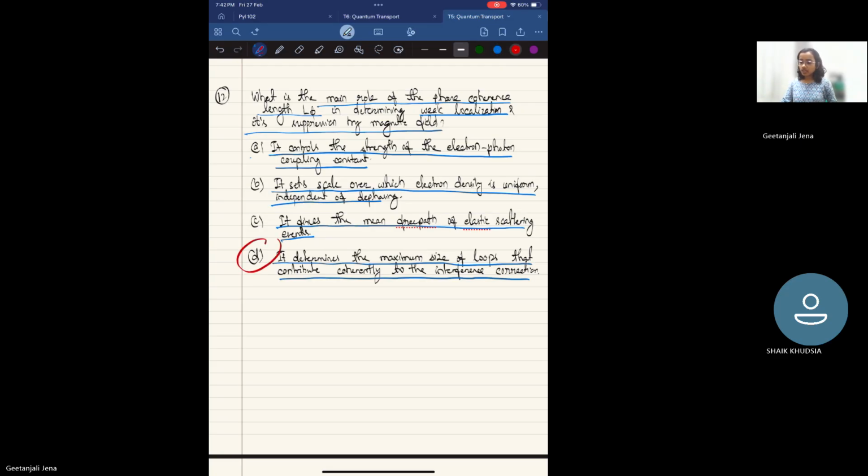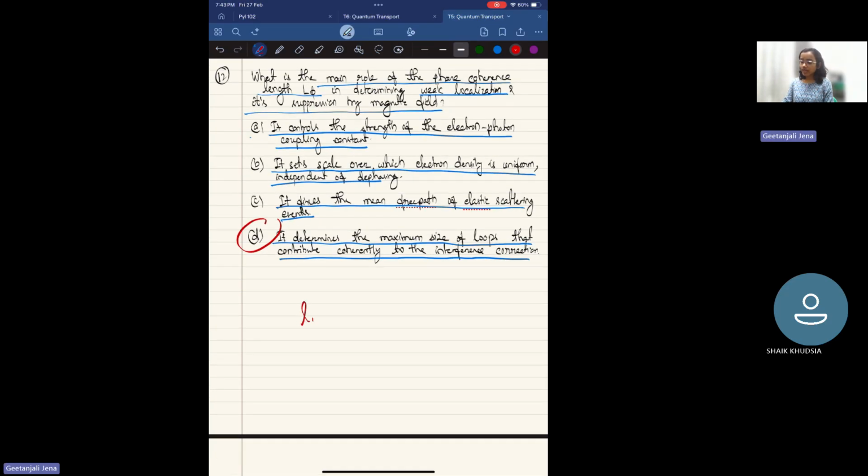D. So if you recall, L_phi defines the maximum size of the loop so that weak localization can happen. If the loop size is less than L_phi, then it's possible to see weak localization.